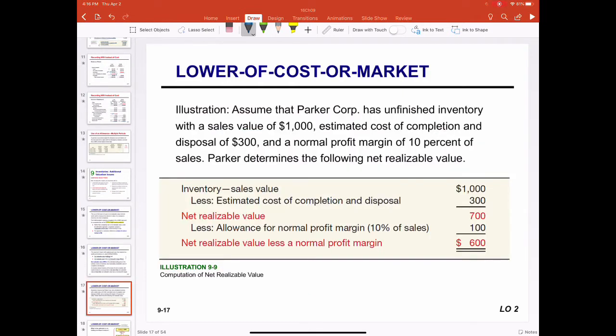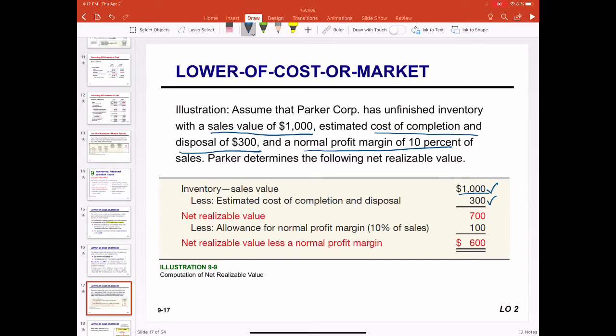In this example, we are given the sales value, the cost of completion and disposal, 300, and profit margin, 10%. So we can first determine the net realizable value, which is the sales price subtract cost of completion and disposal. Price is 1,000, which represents market value.